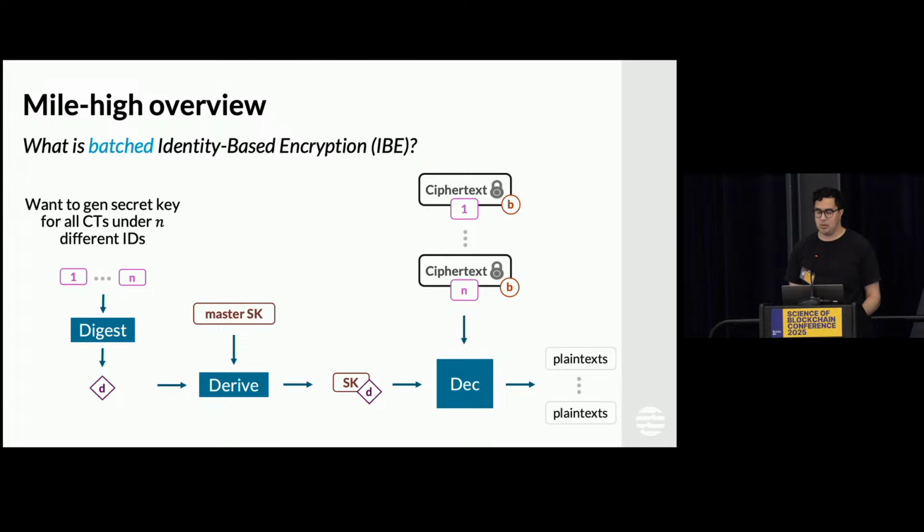The ciphertext is going to be defined not just with respect to an ID, but also with respect to some other identifier, which we'll call the batch identifier. In addition to this, the secret key derivation procedure will also take in such a batch identifier. The secret key will be with respect to the batch identifier and digest. The idea is that this secret key should be able to decrypt any ciphertext whose ID is committed to in this digest and whose batch identifier matches up.